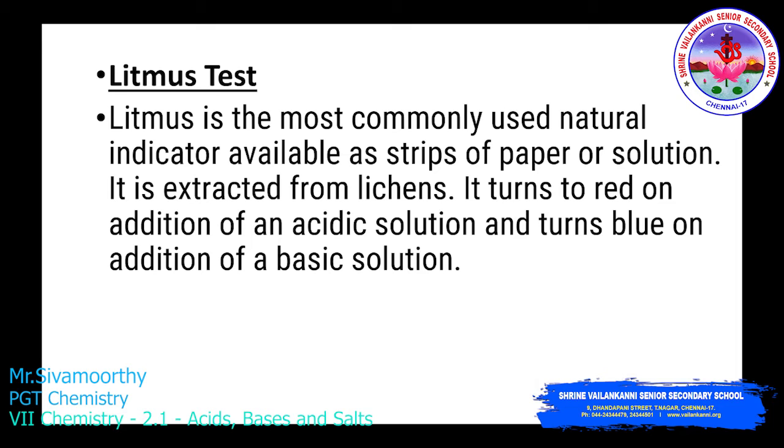There are three important mineral acids in our lab: hydrochloric acid, nitric acid and sulfuric acid. We can widely use them for different types of tests. When any acid is tipped with the litmus paper, it is converted to dark red color.